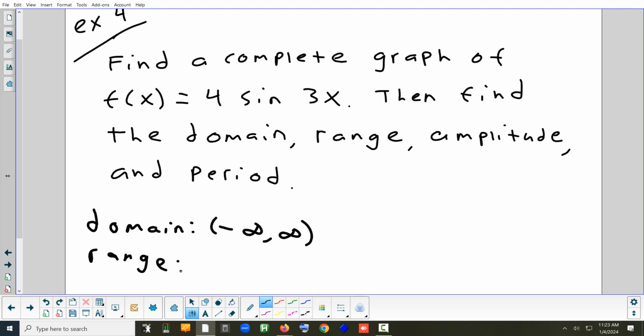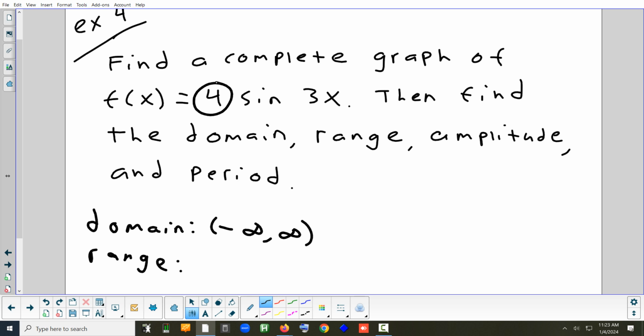If you had a normal sine function that you don't do anything to, how high would it go? And how low? -1. Is there any number here that's going to change how high and low it goes? The 4. This is a vertical stretch. It's a vertical stretch by 4.